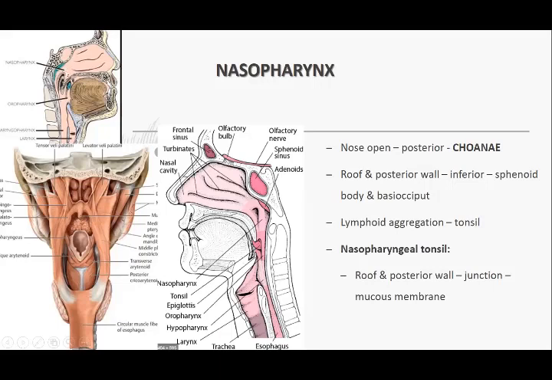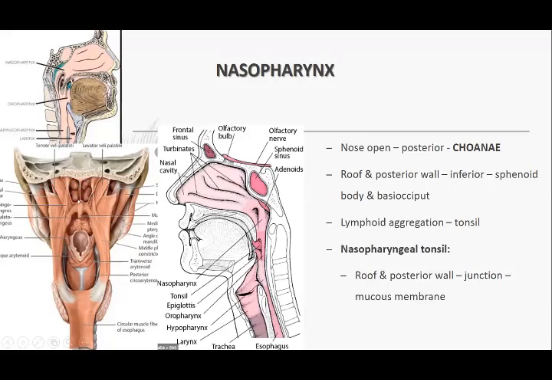This is the nasal septum, posteriorly made of the vomer. This opening is the choana of one side, and this opening is the choana of the other side.